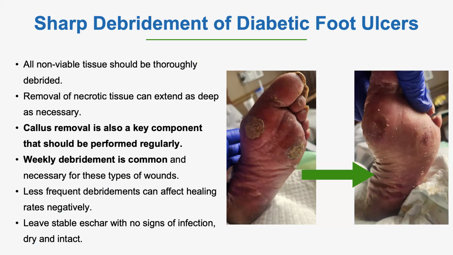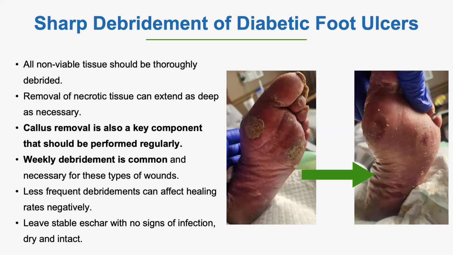It is well documented in the literature that less frequent debridement can affect healing rates negatively. The devitalized tissue, the slough and eschar, needs to be removed in order for the wound to progress through the stages of wound healing and eventually heal.